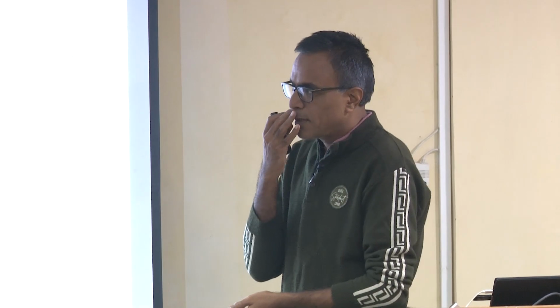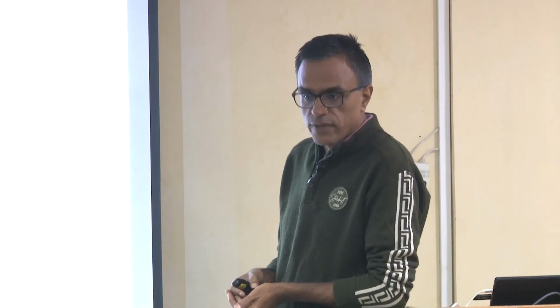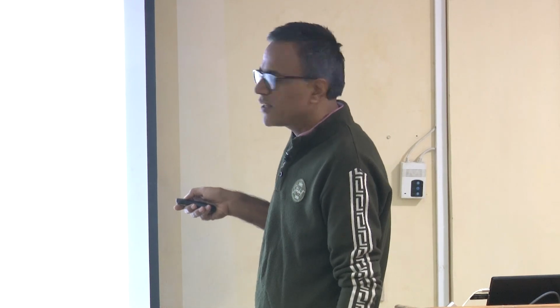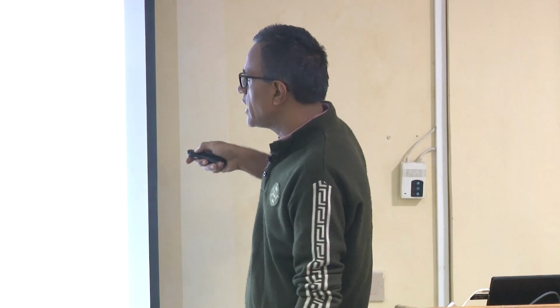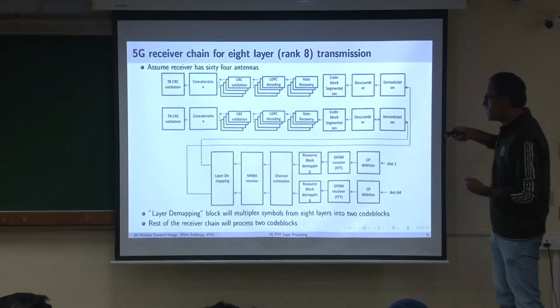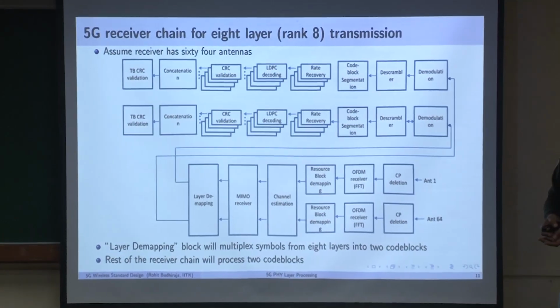Correct? Now this is how it works, but look at the kind of design decisions you will have to take. Just for example, whether you want to process this chain and this chain sequentially, or whether you want to run them in parallel.